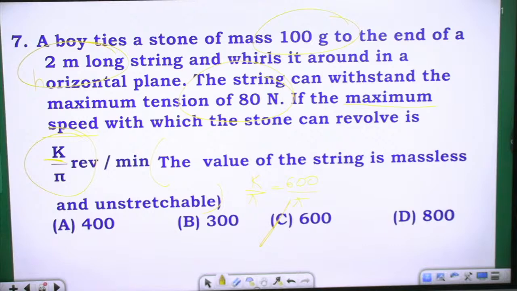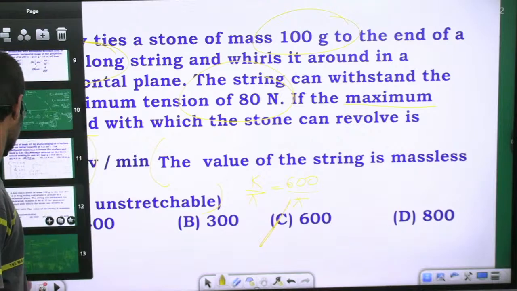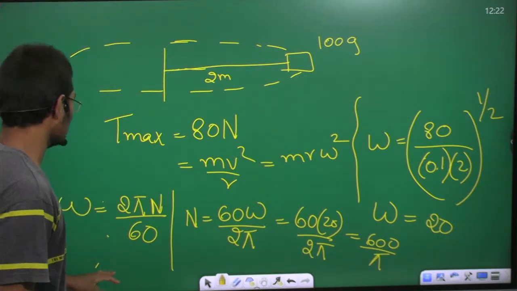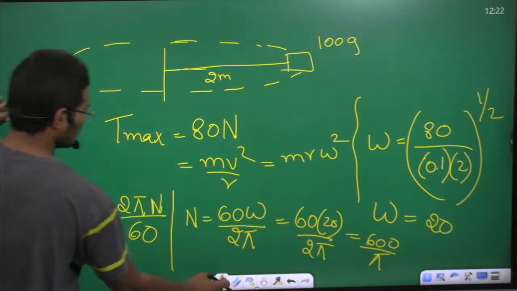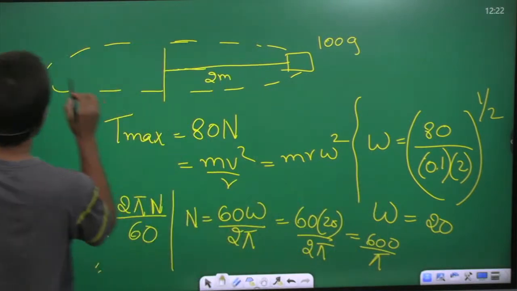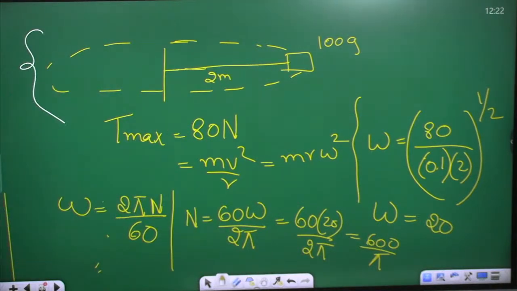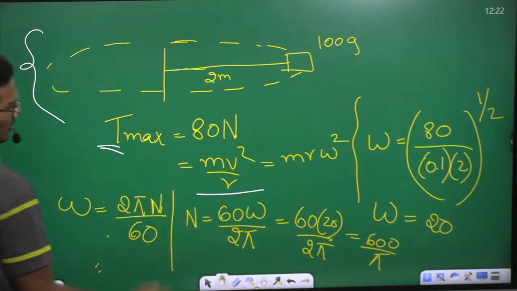Hope you are getting it. See, this is a given part, maximum tension, direct formula mv square by r or m r omega square.